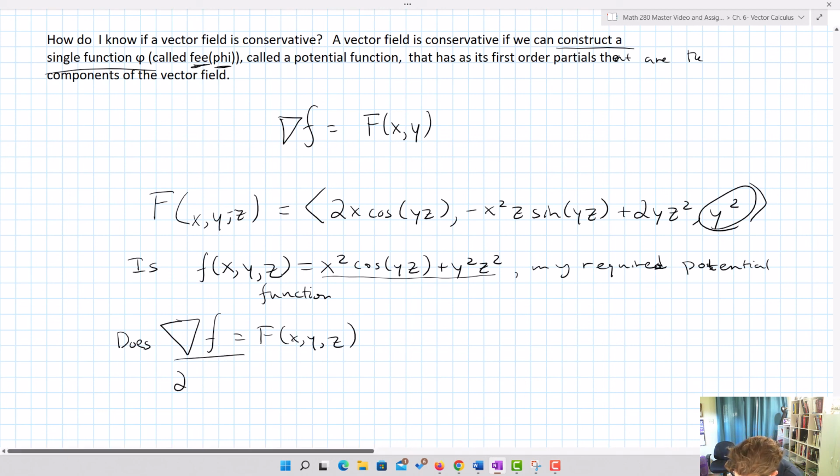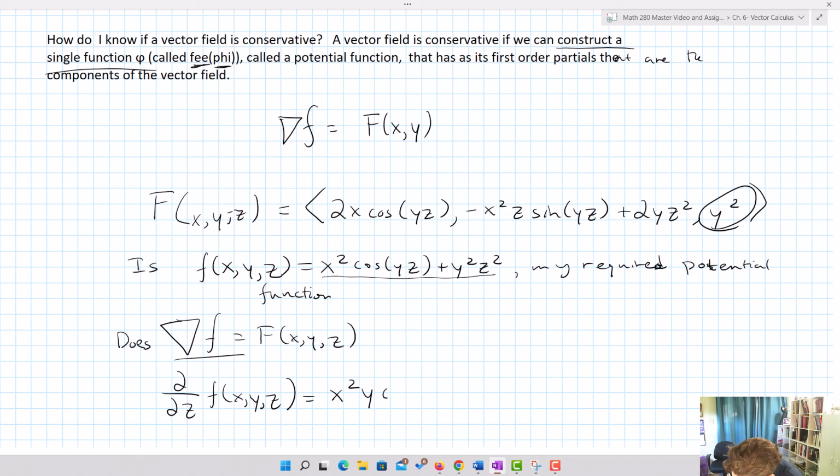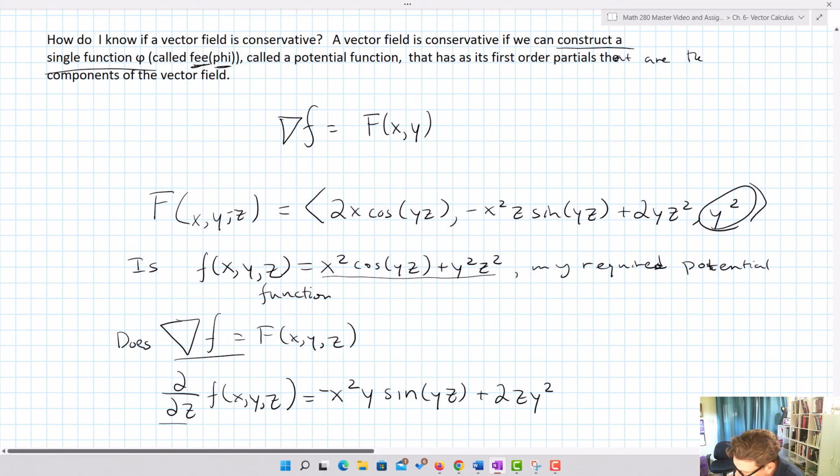So del z of f of x, y, z is actually going to end up equaling x squared y, cosine, or not cosine, but sine, it's actually negative sine yz, plus 2zy squared. That's going to be del z, and so that should actually be what this component is right here.